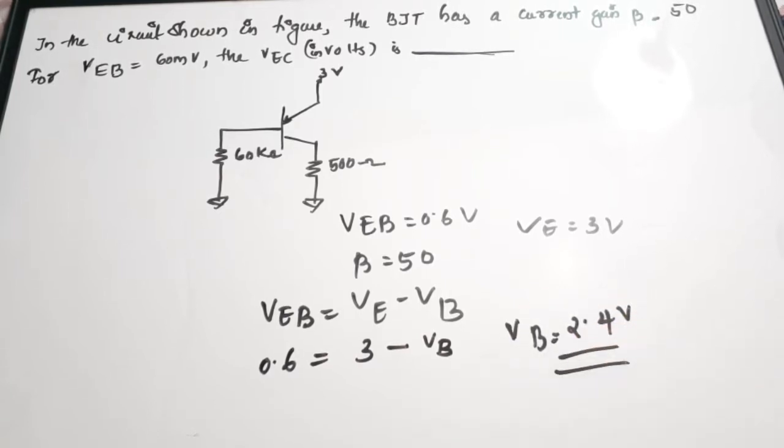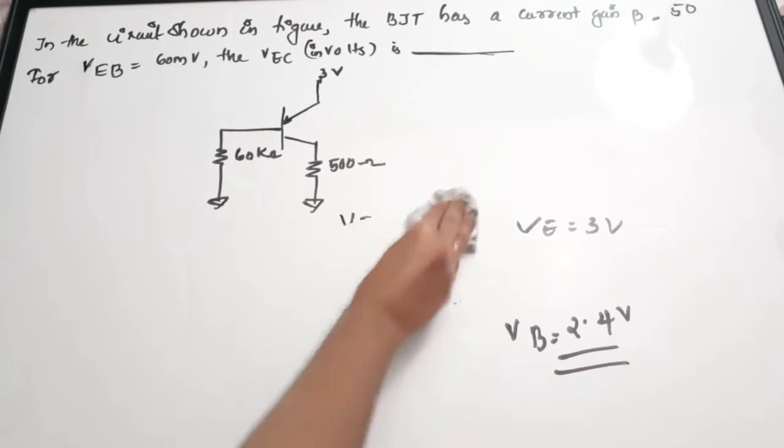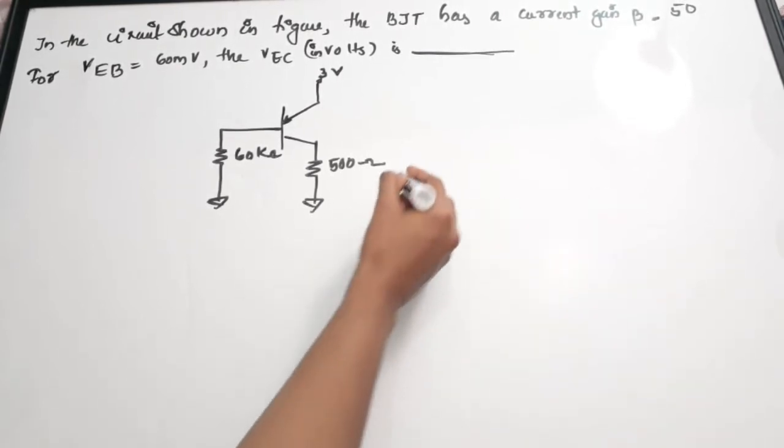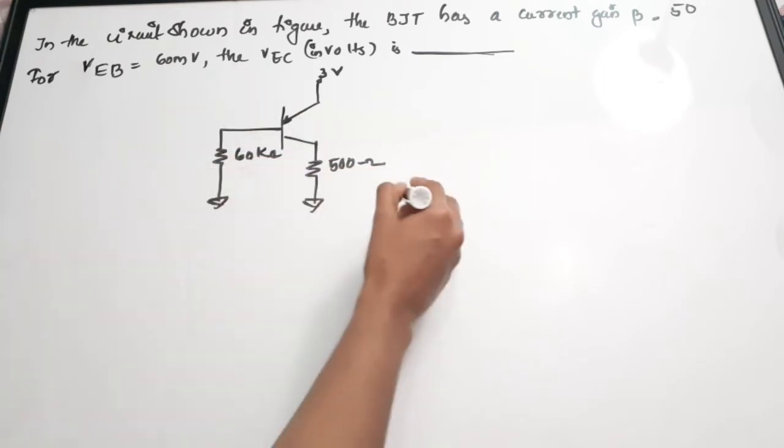So you have obtained the value of VB, and next we need to find the value of VEC. First we will find the value of the collector current. Keep in mind that VB is equal to 2.4 volt. First we'll find IB.